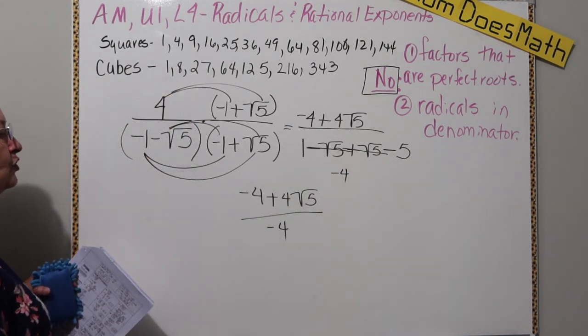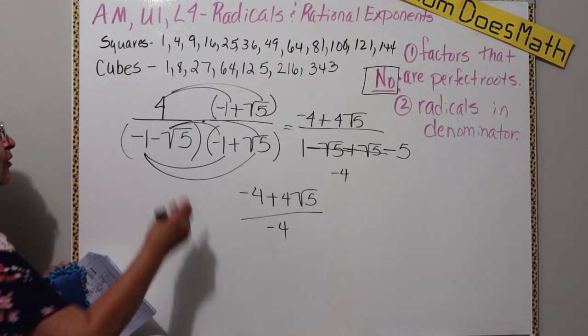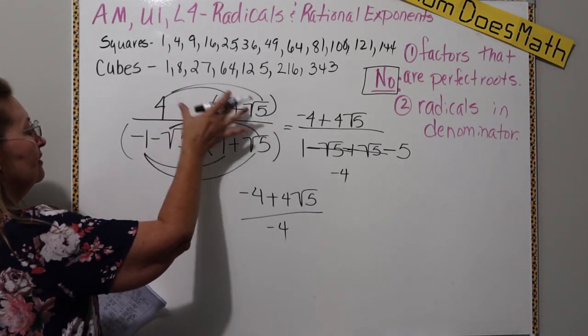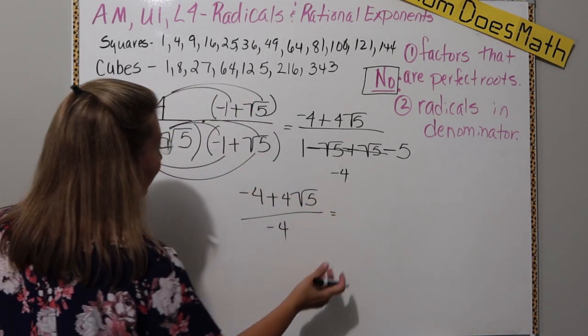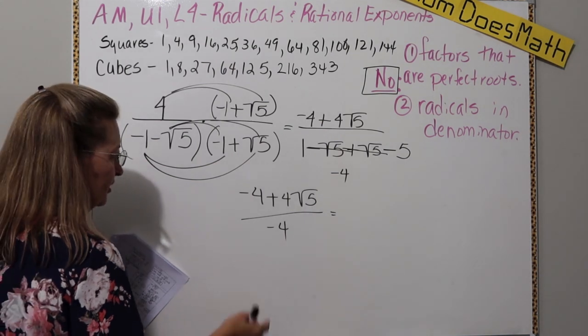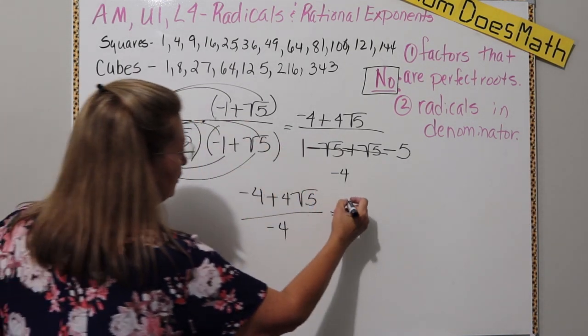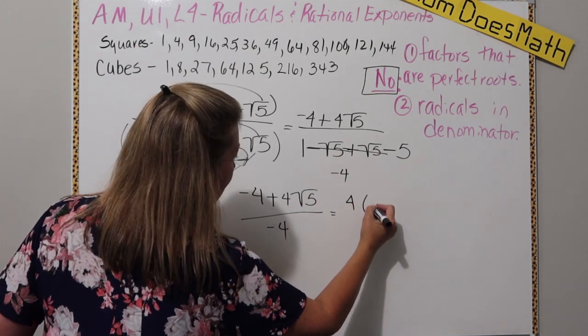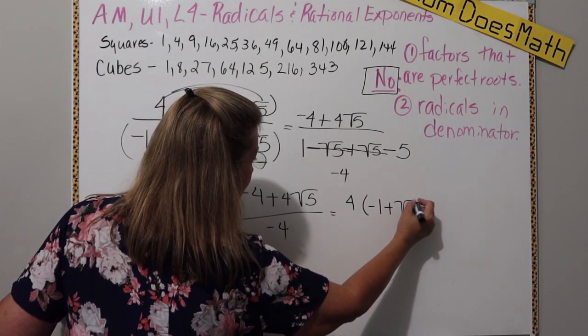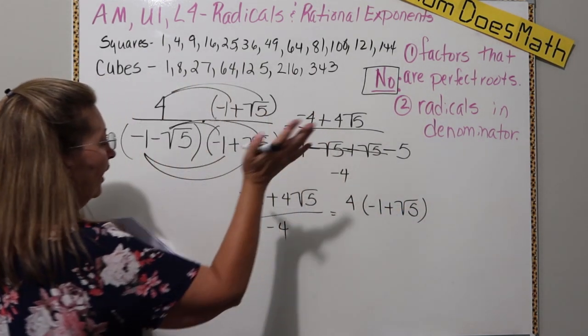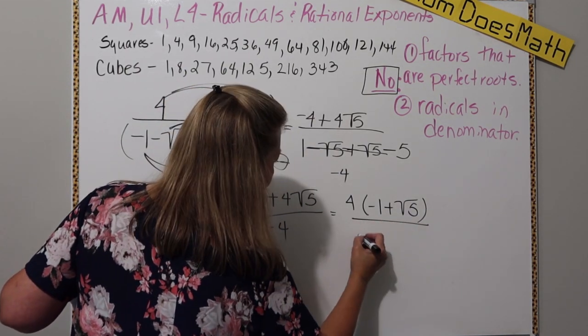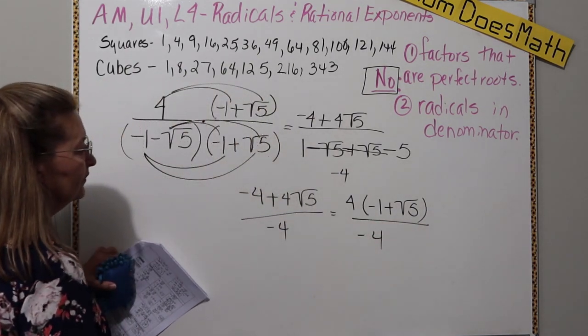So can you reduce that? Yes, you can. I really should not have distributed it at this point because now I'm going to have to undistribute it. What's the greatest common factor? I'm actually just going to go back to 4 times -1 plus square root of 5 before I distributed it over the -4.